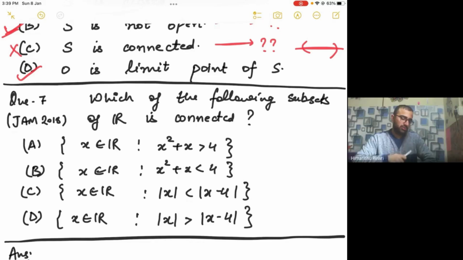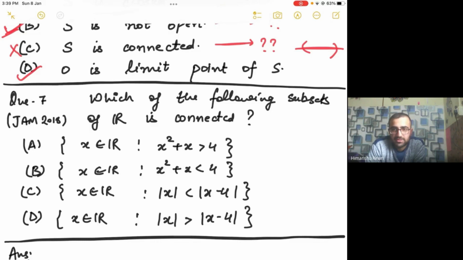So how will you do this question number 7? Shashank Joshi commented, by sign diagram, fine.